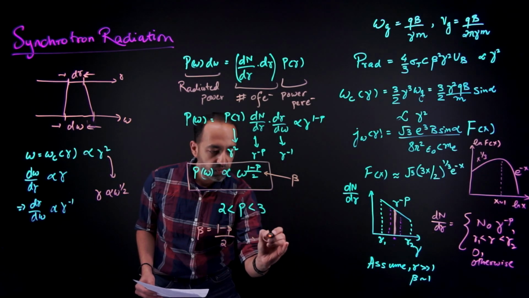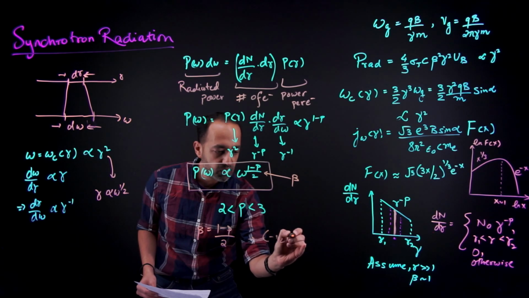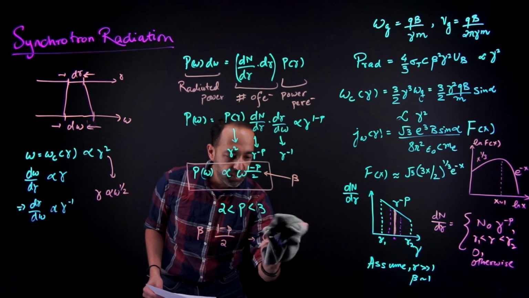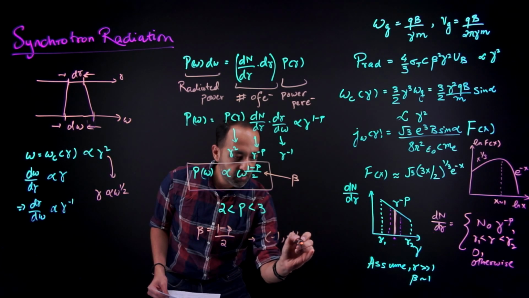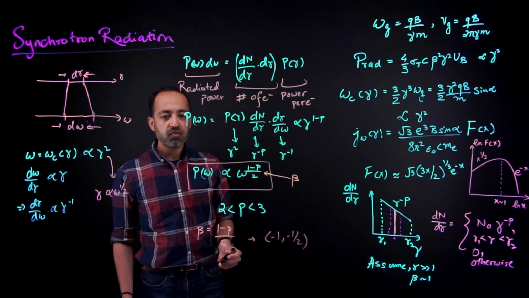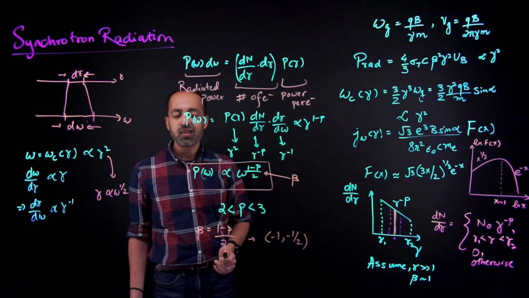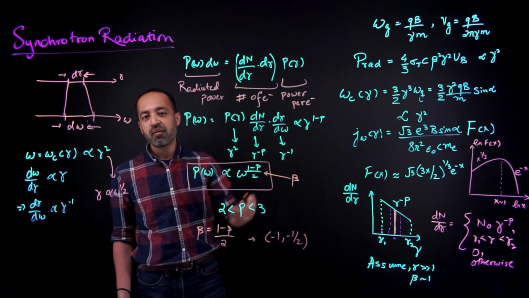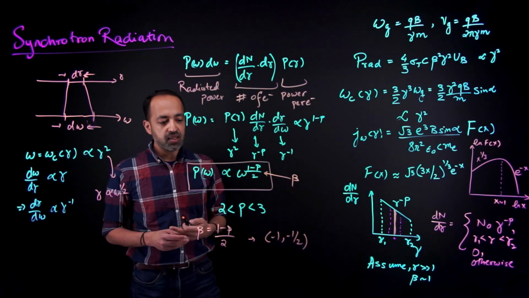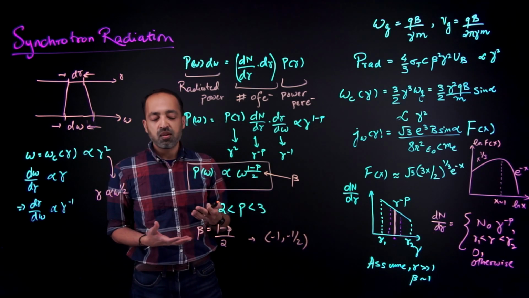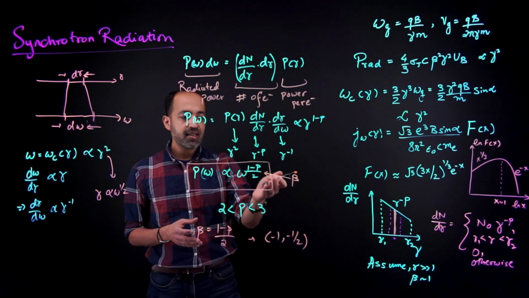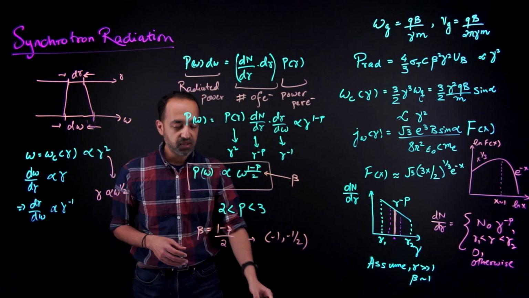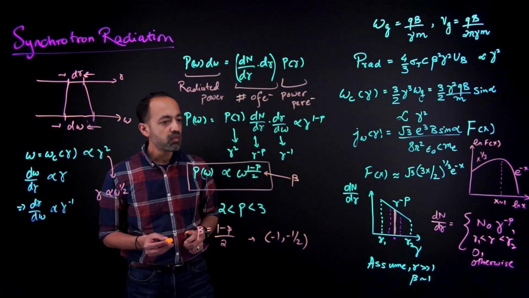So this is somewhere between -1 and -0.5. So typical synchrotron spectra from astrophysical sources have power law indices, or frequency dependencies, somewhere between frequency to the -0.5 and frequency to the -1 power. And that tells us something about the distribution of the electrons that are producing that radiation.